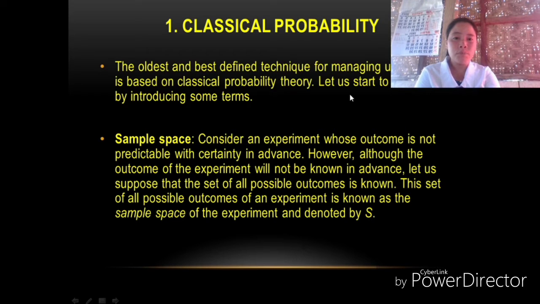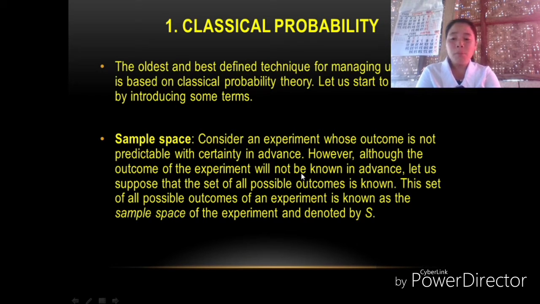Let us start to review it by introducing some terms. Sample space. Consider an experiment whose outcome is not predictable with certainty in advance. However, although the outcome of the experiment will not be known in advance, let us suppose that the set of all possible outcomes is known.